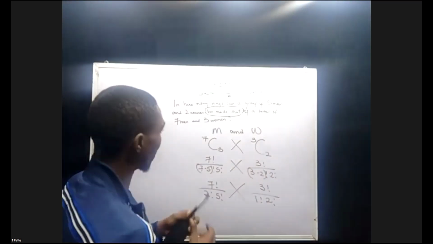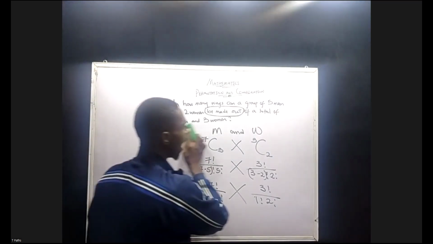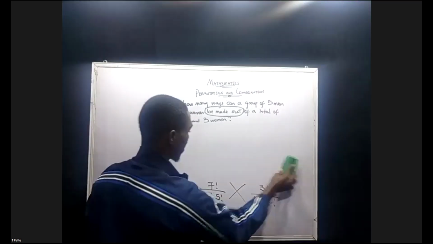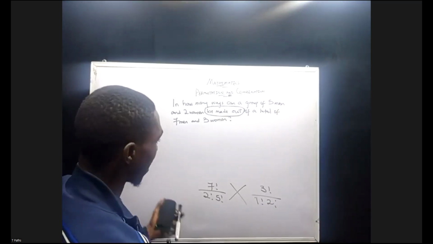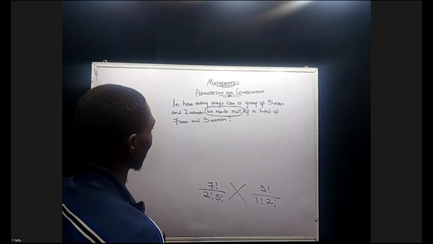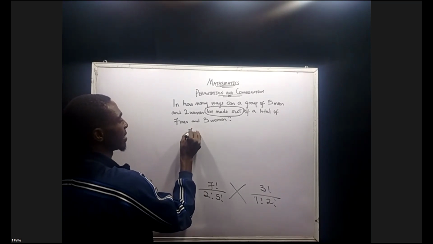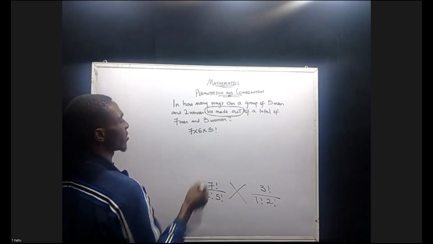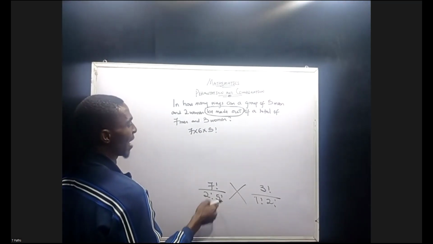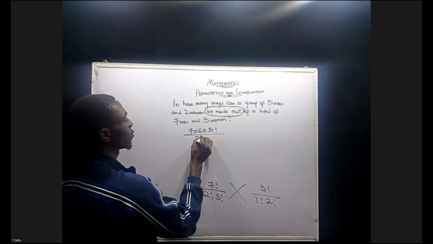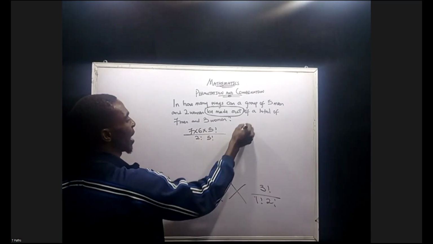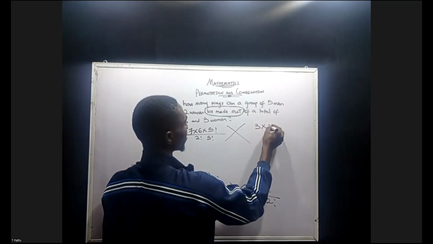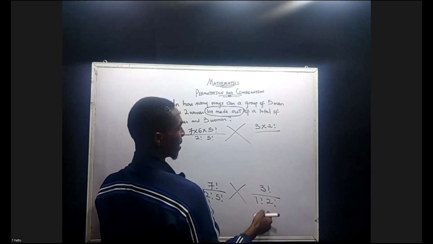So the men and women here say that 7 times 6 times 5 factorial is the biggest denominator I have here, so I end it there, over 2 factorial, 5 factorial. And the next one says 3 times 2 factorial, that's the biggest denominator there.